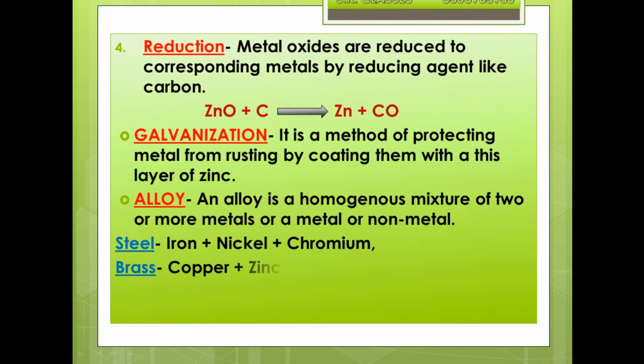For example, alloy steel is a combination of iron, nickel and chromium. In the same way, brass is a homogeneous mixture of copper and zinc, bronze is copper plus tin, and solder is obtained by mixing lead and tin.